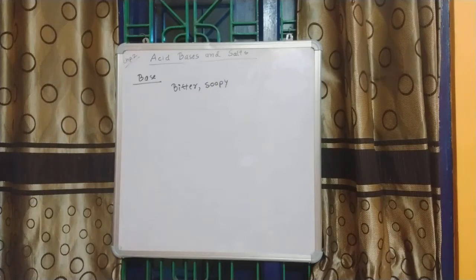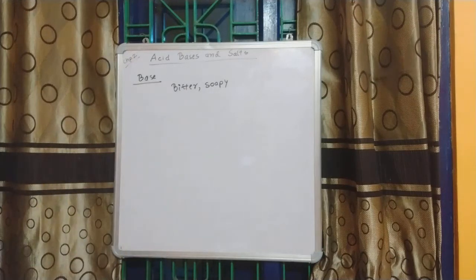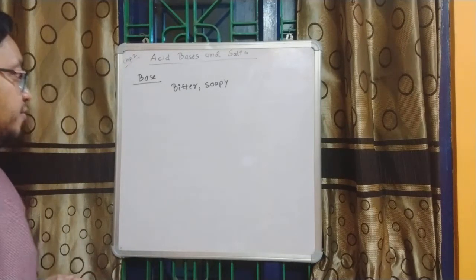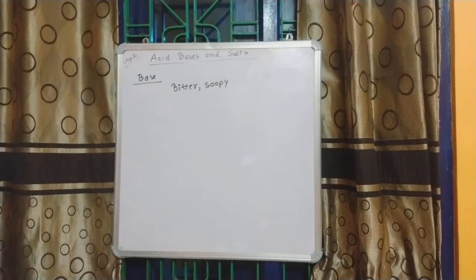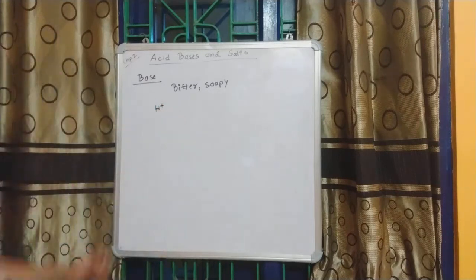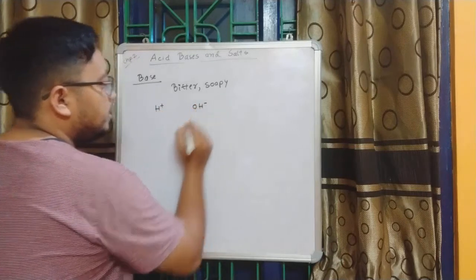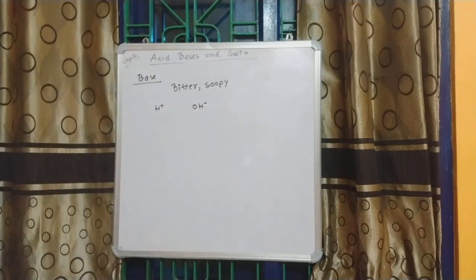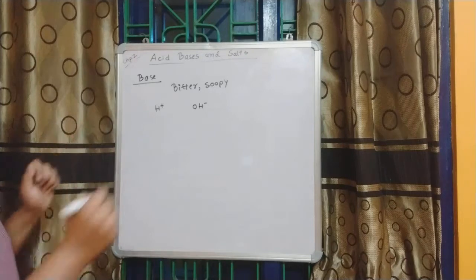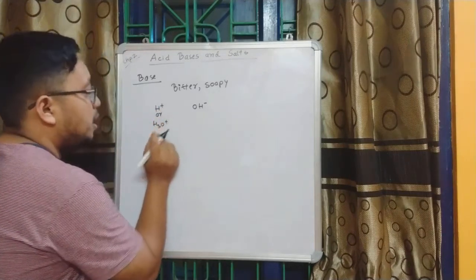And when we are asked to give the definition of base, then these two criteria will not work. We have to give an appropriate scientific definition. Just like acids are those which contain H plus, bases are those which contain OH minus. This H plus we can also call H3O plus, hydronium ion.